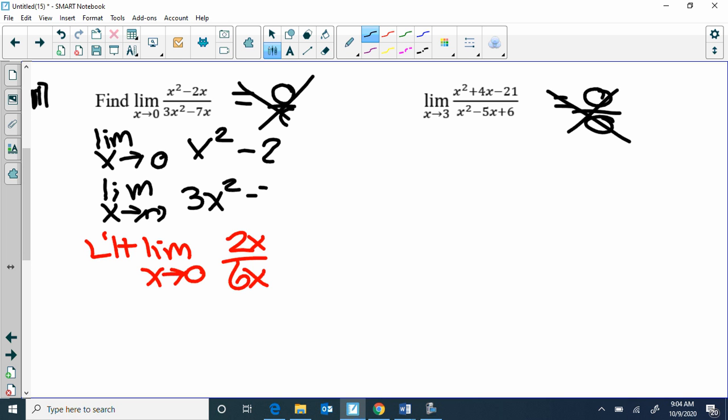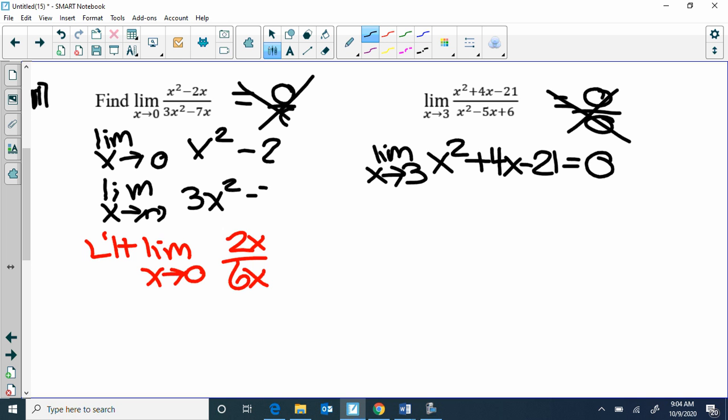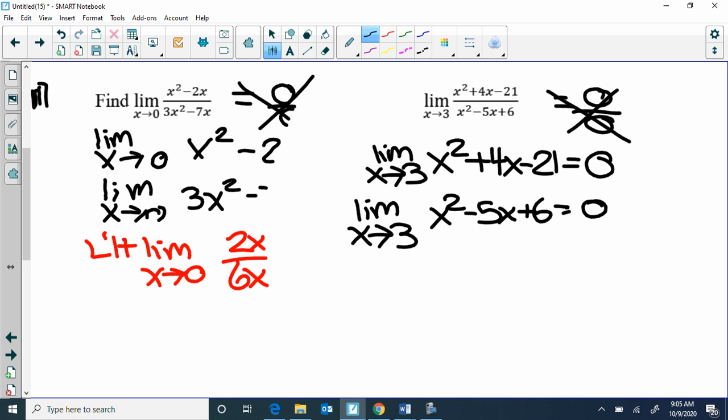You have to show that the numerator, limit as x goes to 3 of x squared plus 4x minus 21, if you plug in 3 gives you 0. And the limit as x goes to 3 of your denominator, x squared minus 5x plus 6, gives you 0.